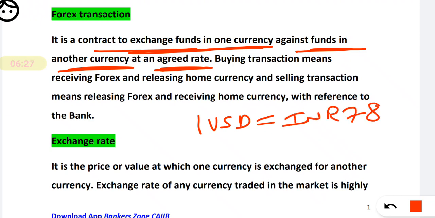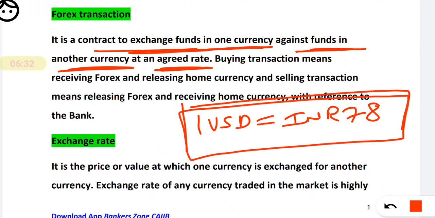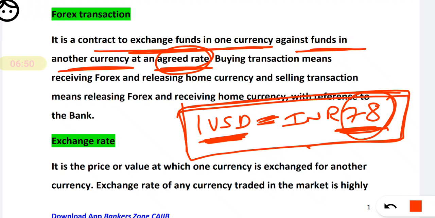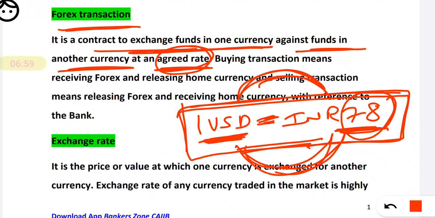That means the person in India and the person in the USA have agreed that 1 US dollar will be purchased for 78 rupees, or vice versa, sold for 78 Indian rupees. The price has been fixed. It is simply the exchange of one currency with another currency at an agreed price.